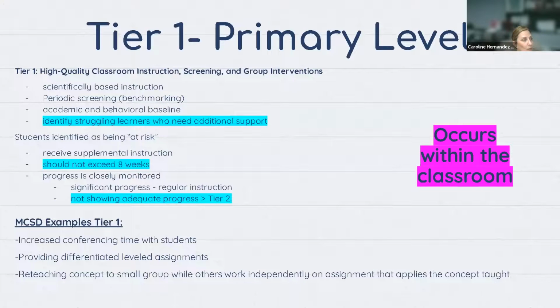So a tier 1 primary level service, again, occurs within the classroom. It uses scientifically based instruction with periodic screening or benchmarks, like I had mentioned. And our benchmarks are typically IXL data. We use the Benchmark Assessment System from Fountas and Pinnell, and we do add others depending on the child's grade level.